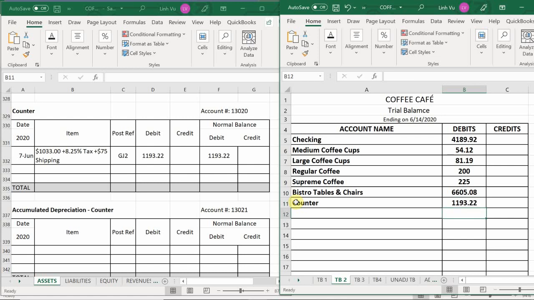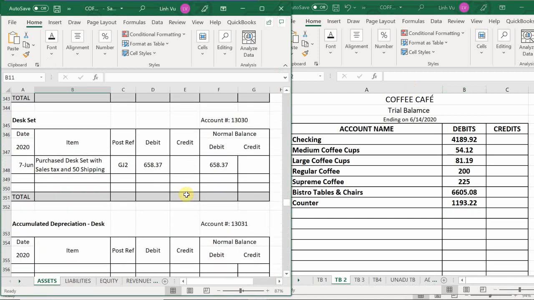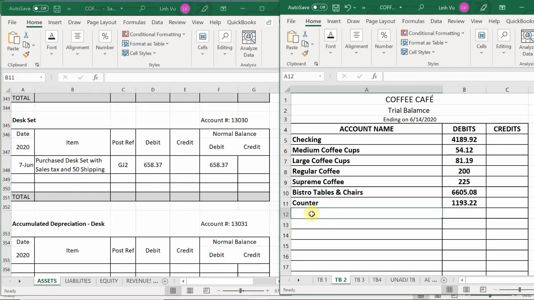Good. Okay. What's next? We have a desk set. The desk set is for 658.37.